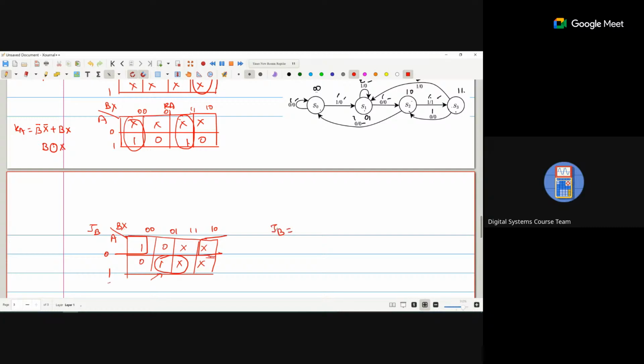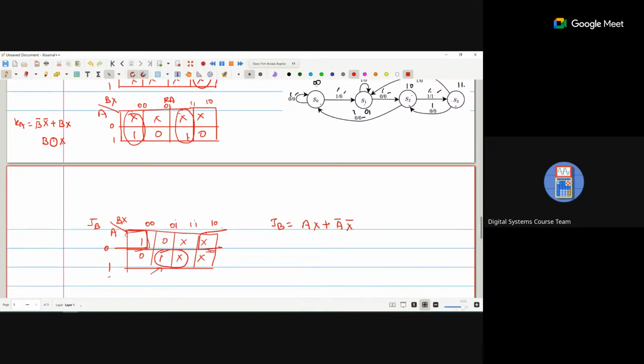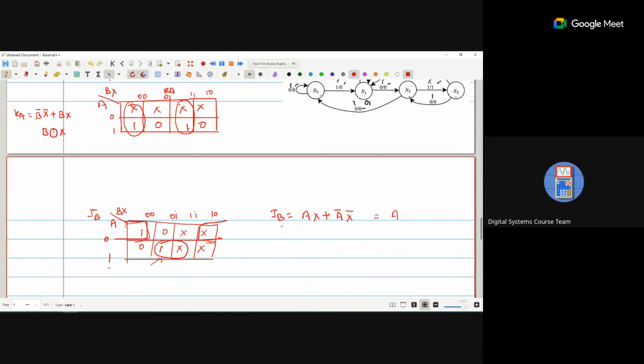JB is A and X, plus when I create a group of this one, A bar and X bar. So that is A X nor X, or A X or X bar.